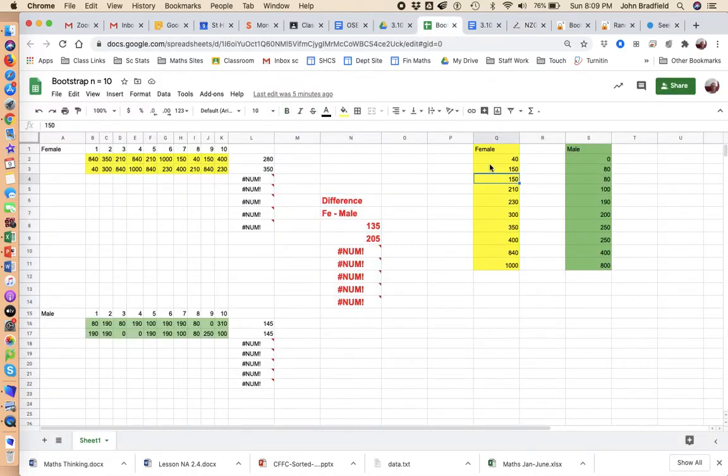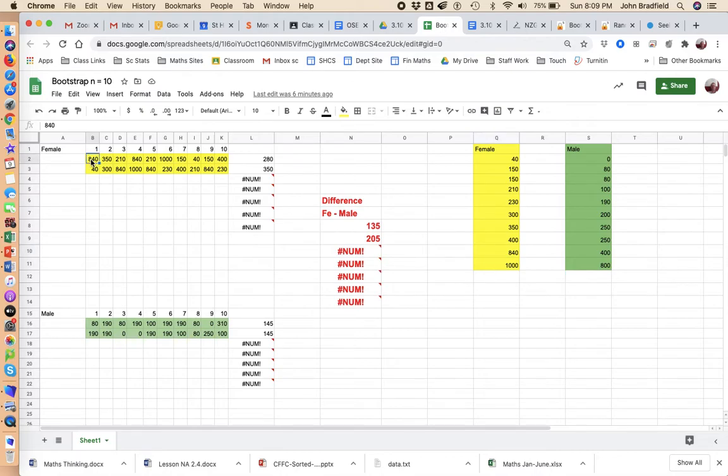So in class we took a smaller sample, so we just had 10 and we picked them out. In yellow I've got female and in green I've got male. This is the same data. And with the resampling, the thing to take notice of is when we select one of these, it can come in again. An example of that would be the 840 here.